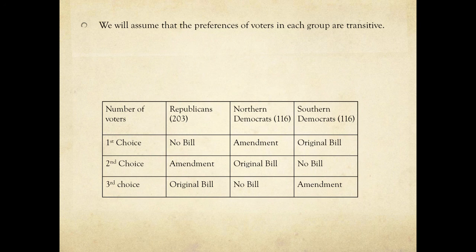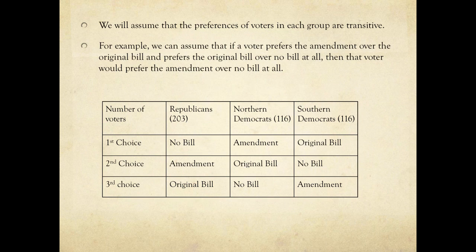Now, assume the transitivity of each of these individual voters in Congress, and therefore each of these three different groups transitive in their ranking of the preferences. But then when you look at the entire outcome of the group, you will see that the preferences of the group are not transitive.